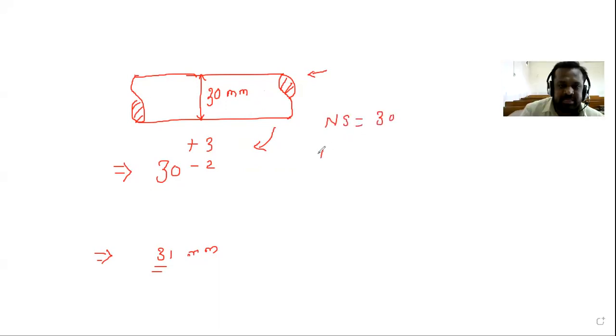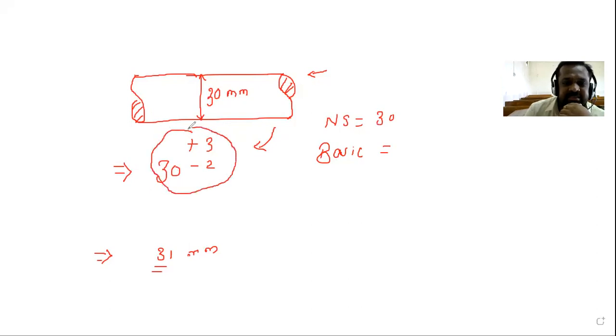Then what is the basic size? Now again 30 is the basic size. We have added again, 30, it is also the basic size we can call. And after the manufacturing, the size we have got is called the actual size, 30. Okay, so understood?